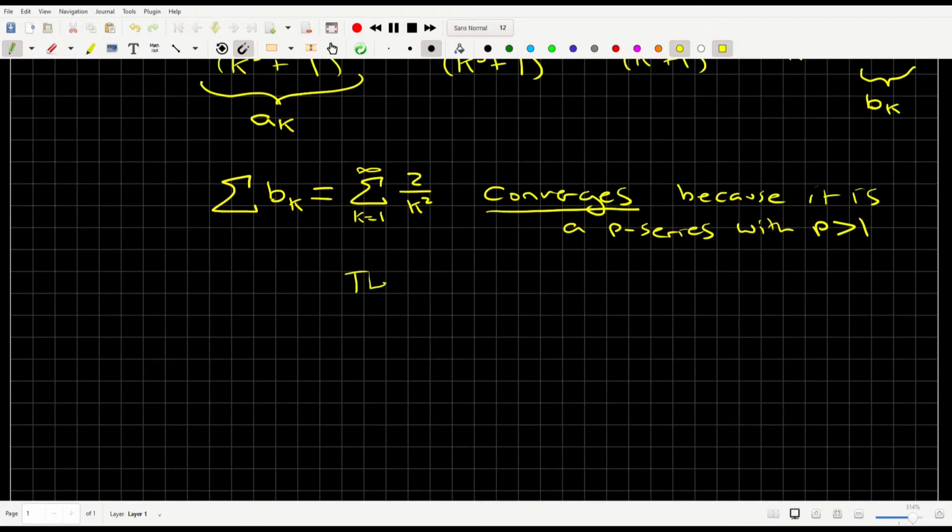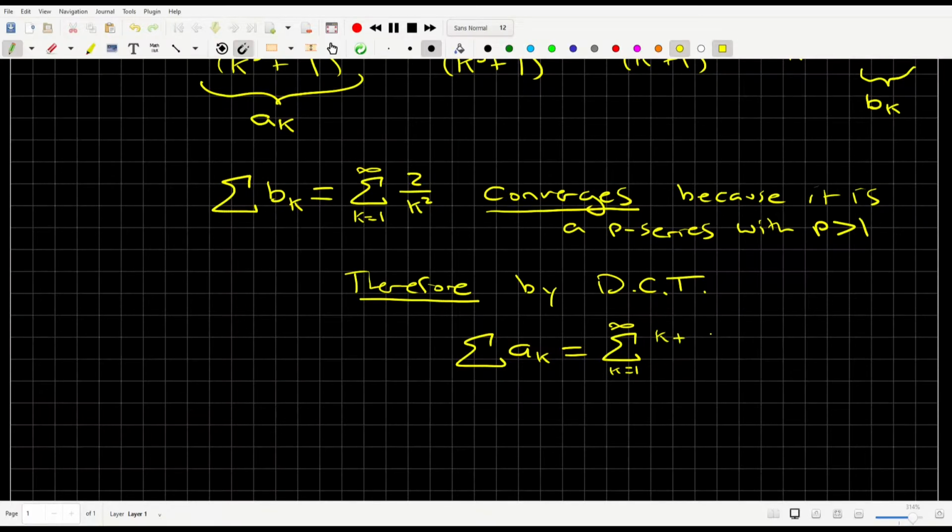And then therefore, by the direct comparison theorem, the sum of the more complicated series, which is the sum of k plus sine of k over k cubed plus 1, must also converge.